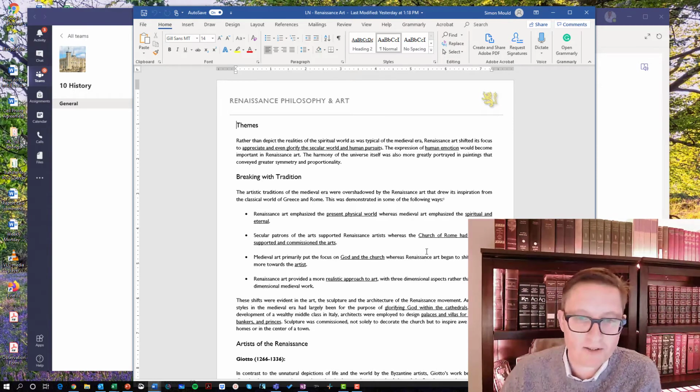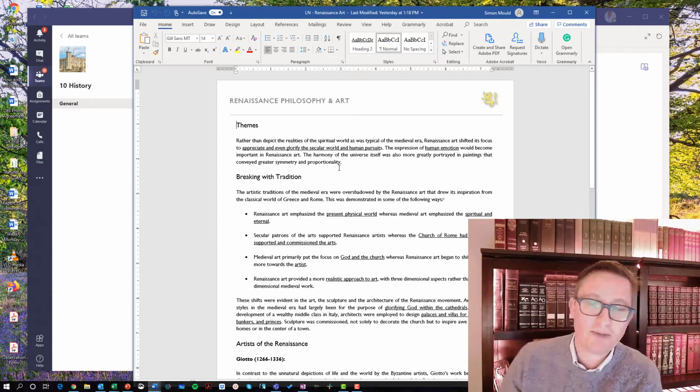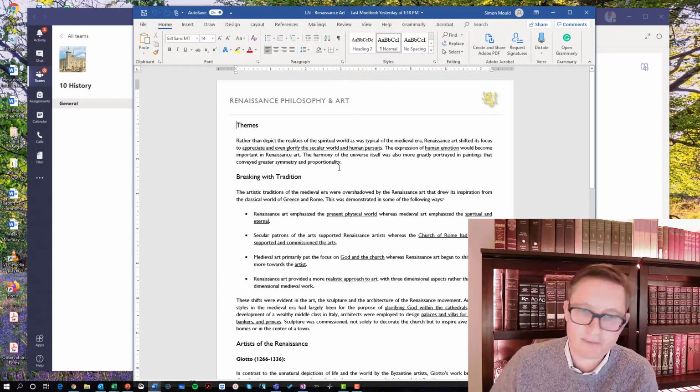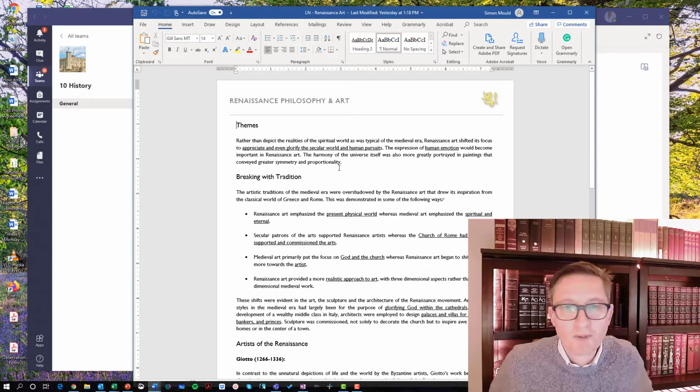Looking at my notes, we want to contrast the Renaissance period with what came before. What came before mostly depicted the realities of the spiritual world. In medieval art all we see is Mary, Mary, Mary all over the place.